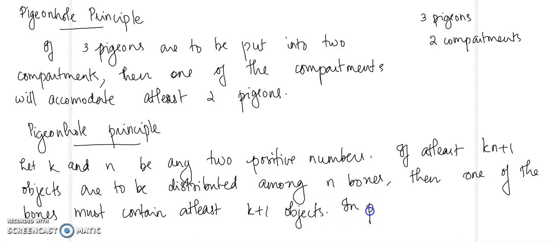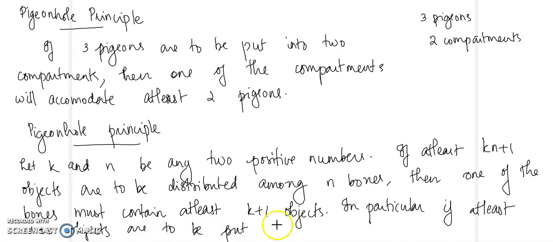In particular, if at least n+1 objects are to be put into n boxes, then one of the boxes must contain at least 2 objects.